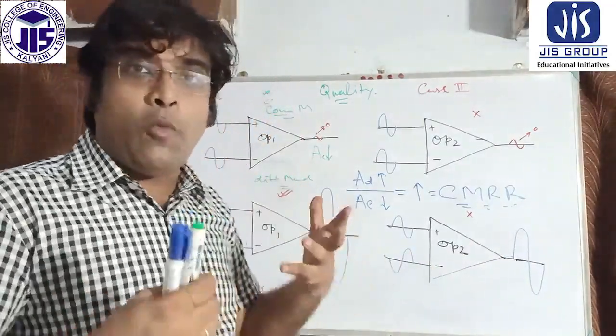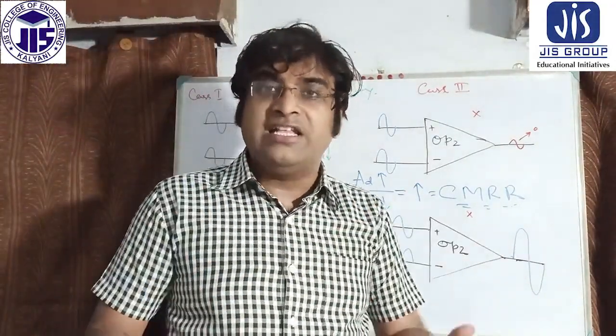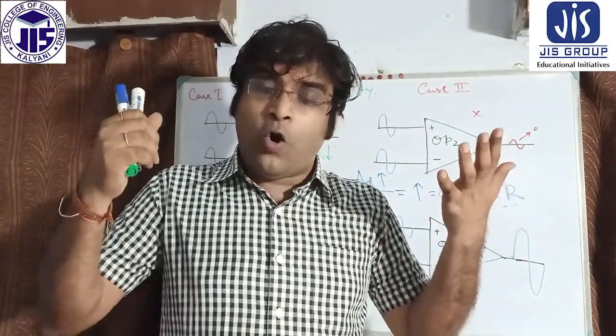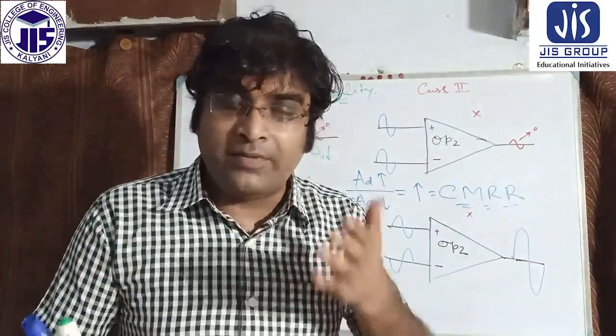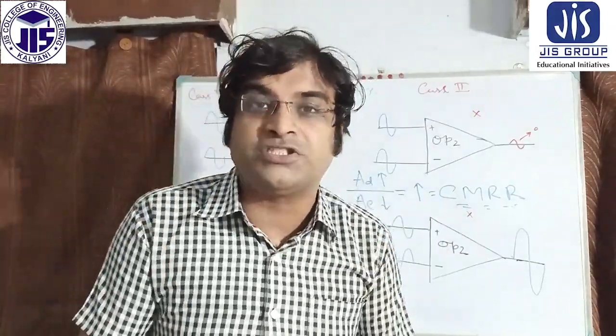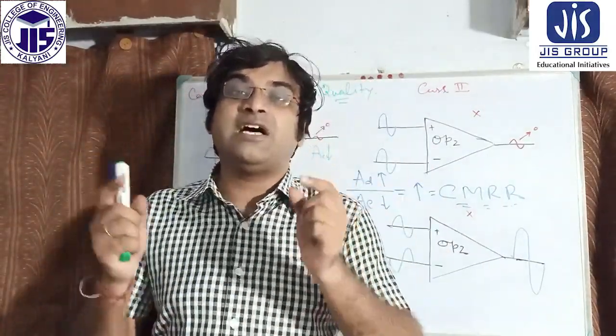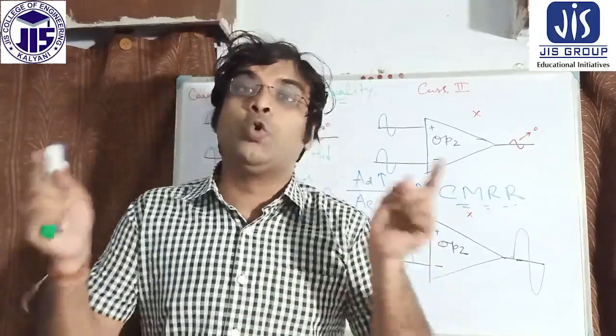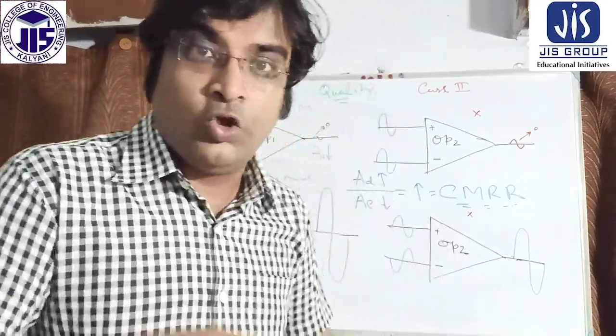The higher the common mode rejection ratio, the better the quality of the op-amp. If the common mode rejection ratio is high in an operational amplifier, that means it is a good quality operational amplifier.